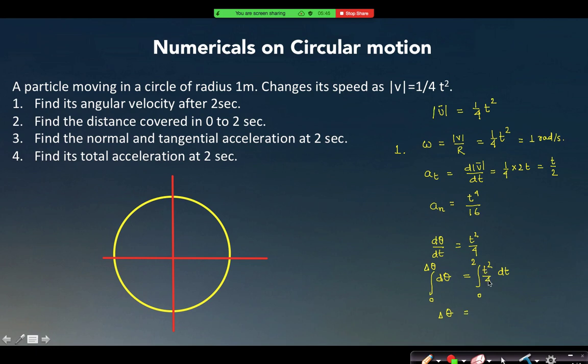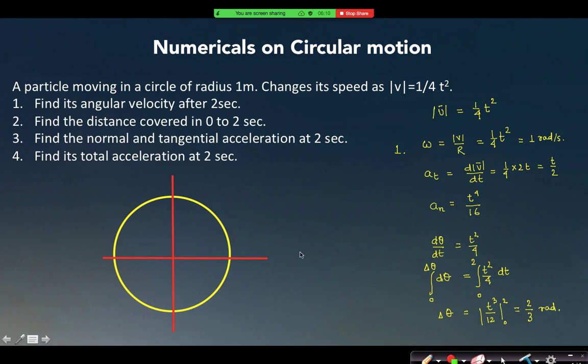If I integrate t square by 4, what will I get? T cube by 12. So it is t cube by 12, and if I put the value 2 instead of t, then 2 cube means 8 by 12. 8 by 12 means 2 by 3 radian. So that is the theta.